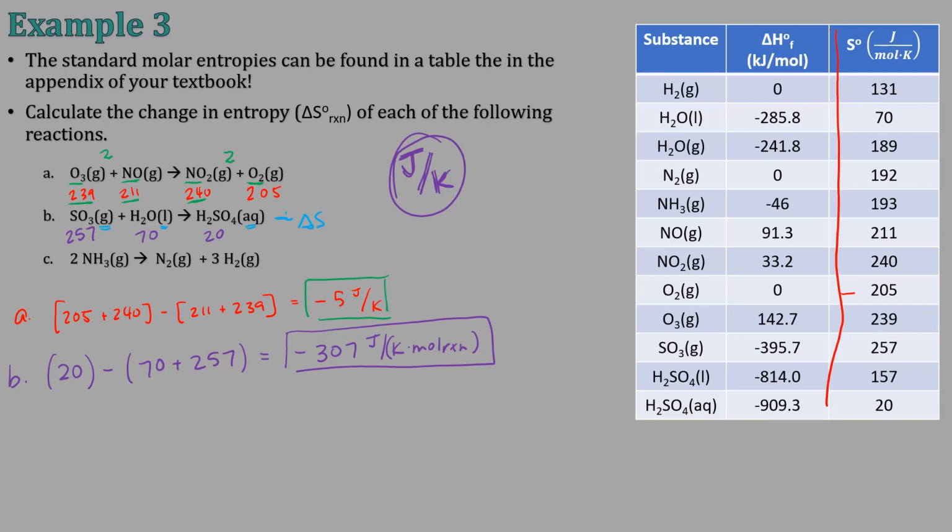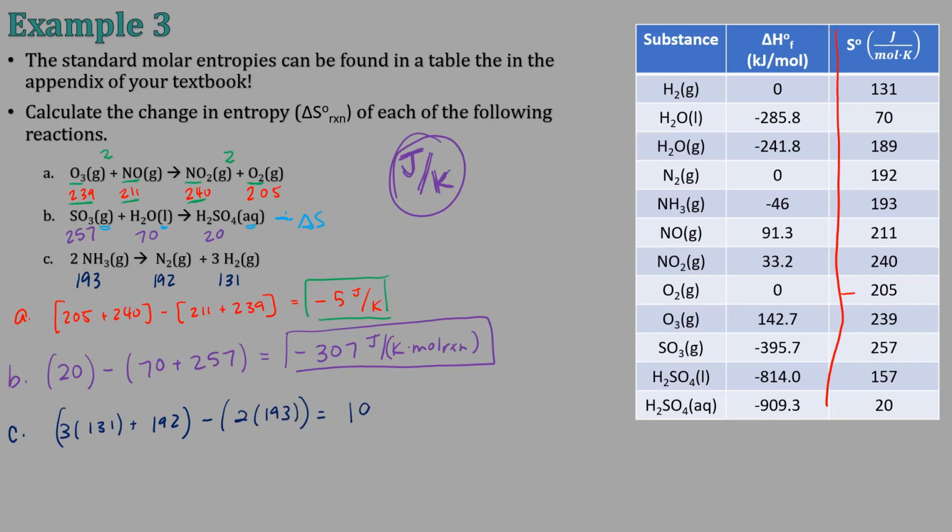It's negative. All right, and then part C, I've got 193 for NH3 gas, 192 for nitrogen, and 131 for hydrogen. So I'm going to take 3 times 131 plus 192 minus 2 times 193.